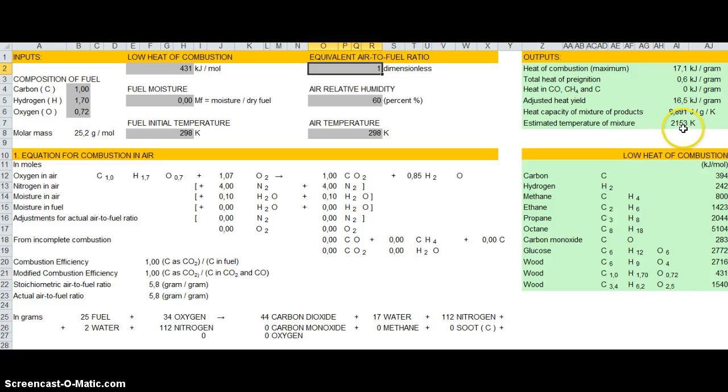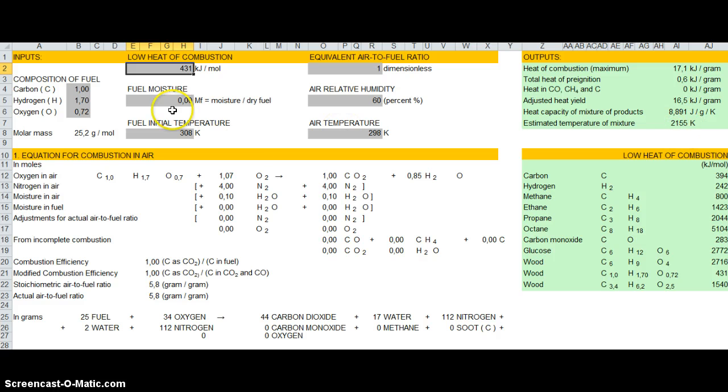But the interesting thing is to know that the estimated temperature of the mixture does not depend very much on the initial temperature of the fuel. So if you start with 298K of fuel, let's change it another 10 degrees, 308, and it changes from 2143 to 2155.